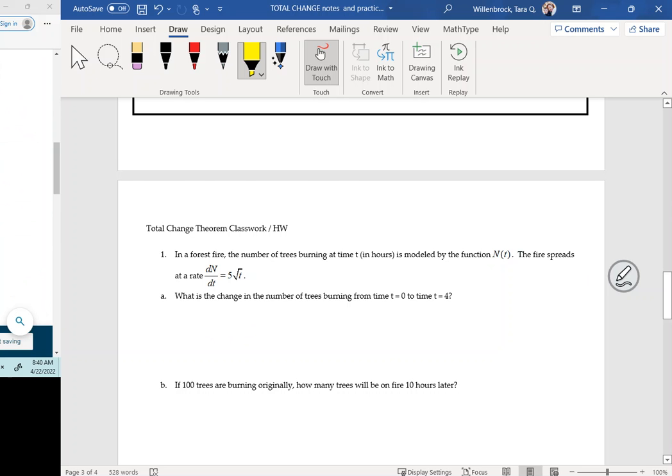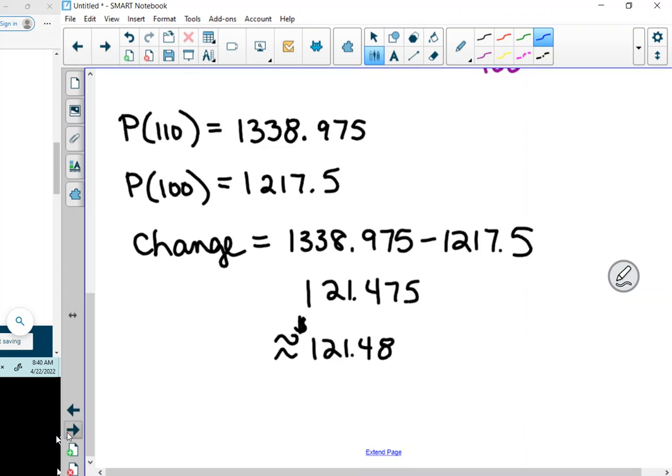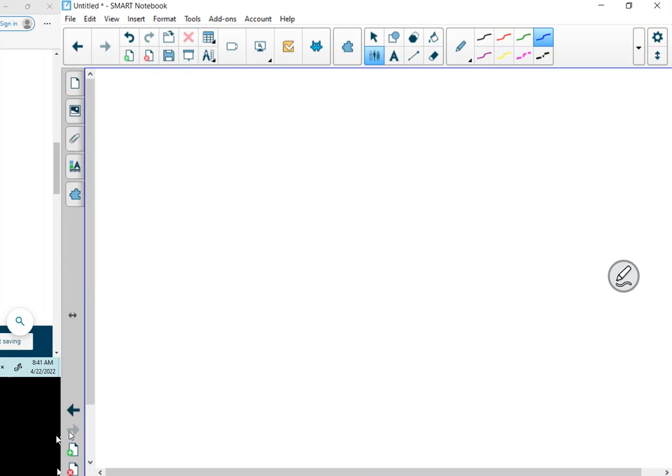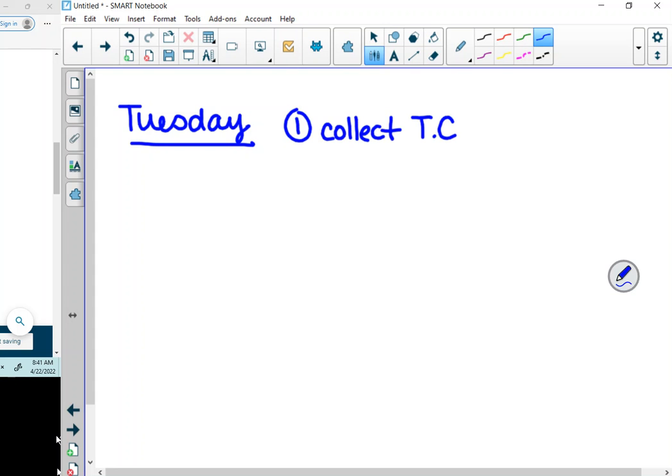All right. So what's happening on Tuesday is I'm going to collect 2 things from you. I'm going to collect this. I'm going to just use TC for total change. This total change class worksheet, which is just these 4 problems.